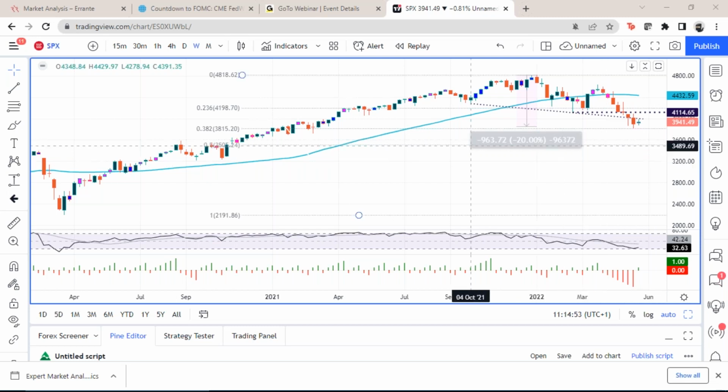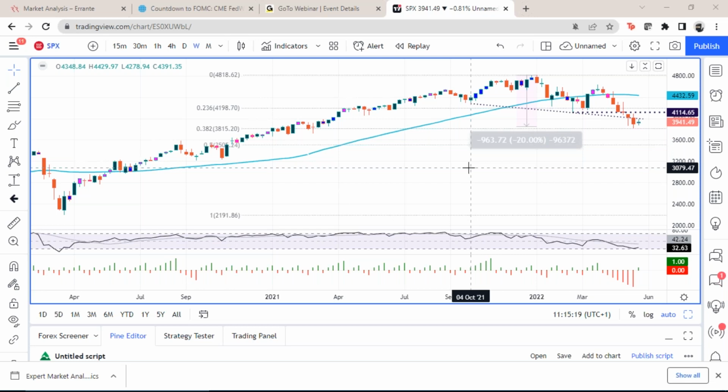Technically then, we can see on the chart the S&P narrowly avoided falling into a bear market. That was headline news last week, that we just failed to drop into the technical definition of a bear market, which is when an index loses 20% from its recent highs.